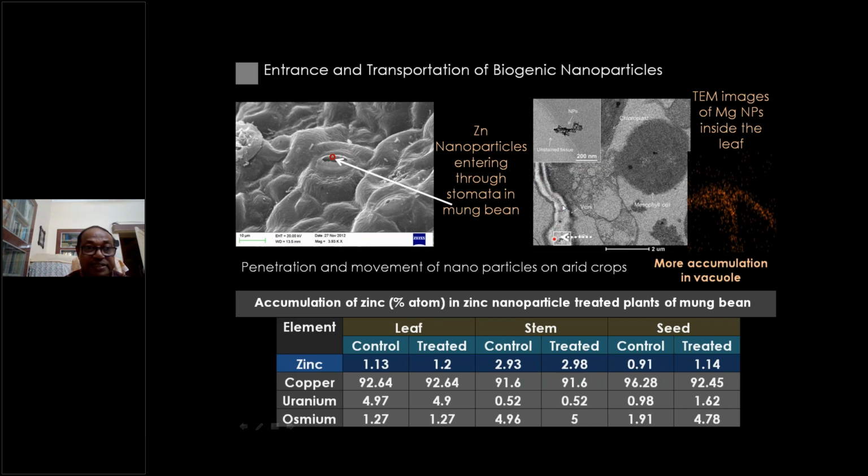While moving to the cell, it is triggering different enzyme systems. So they are making the plant system active, and ultimately either absorbing after becoming a mega particle, either nutrient, or some nanoparticles may be accumulated in the vacuole.